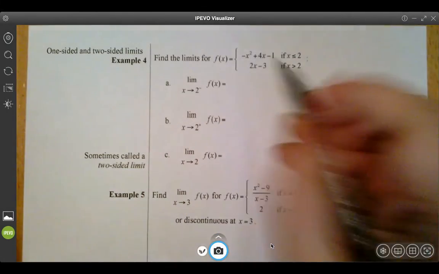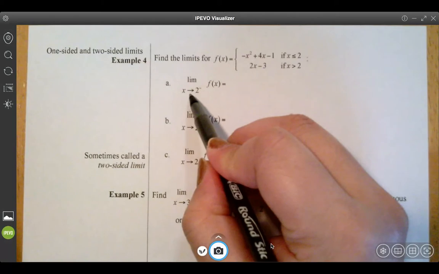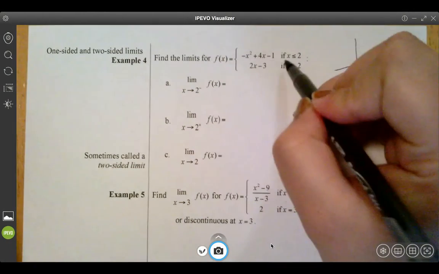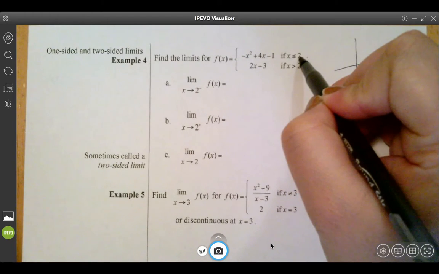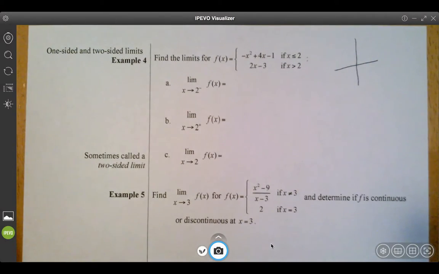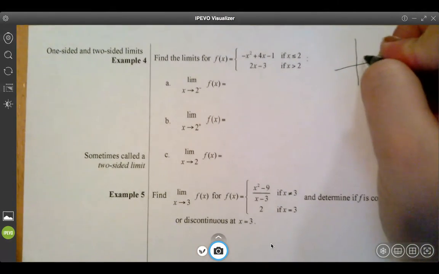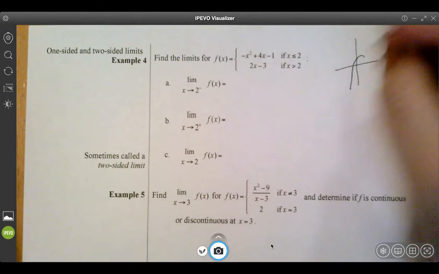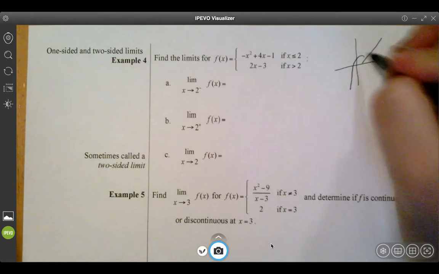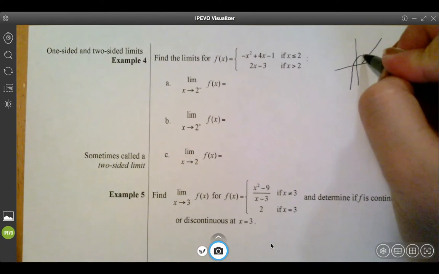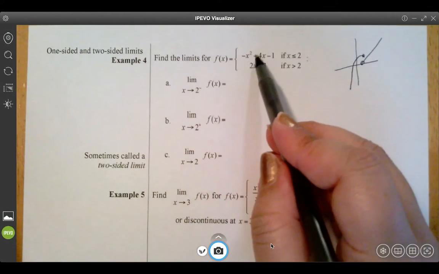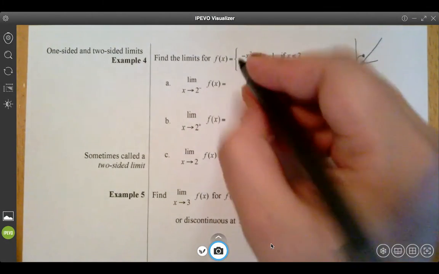From the left, if I graph this, when x is less than or equal to 2, we're looking at the parabola. When x is greater than or equal to 2, we're looking at the line, which is something like this. That one's filled in, that one's hollow. So from the left, we're looking at the parabola.